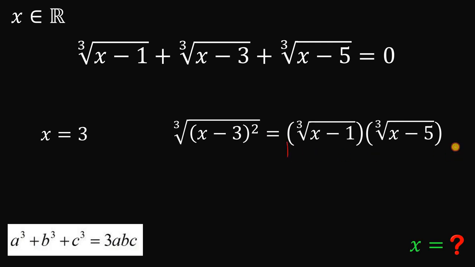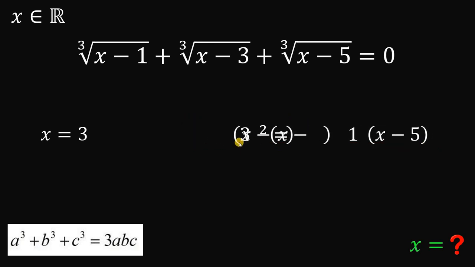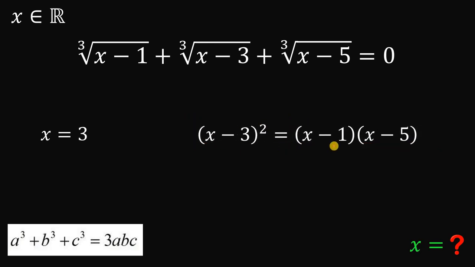And the right hand side can be written as cube root of the product of x minus 1 multiplied by x minus 5. And take note, we now have cube roots on these two sides. Therefore, we can say that the number inside this cube root must be equal. So we have x minus 3 raised to the power of 2 equals x minus 1 times x minus 5.